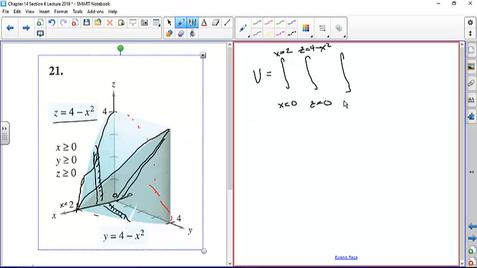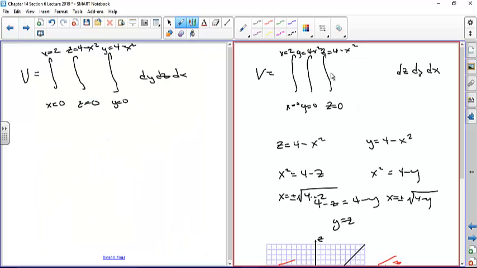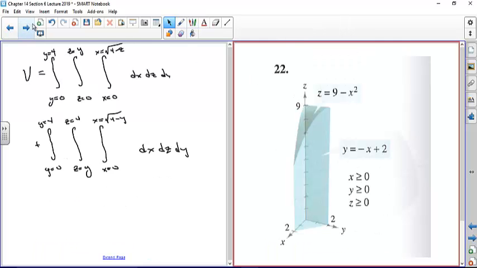So I'll integrate from y equals 0 to y equals 4 minus x squared. And then I have dy dz dx. So all we've done really is just switch these two and switch these two. So those two are easier. The way that I did it here is more difficult, but it might make us understand more of how to come up with these formulations.